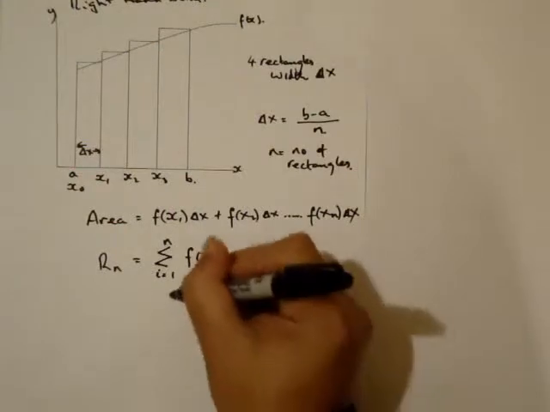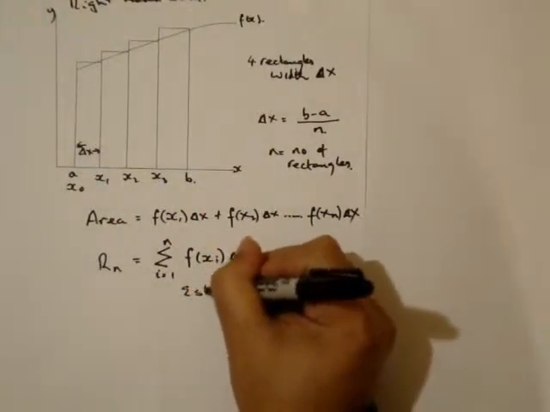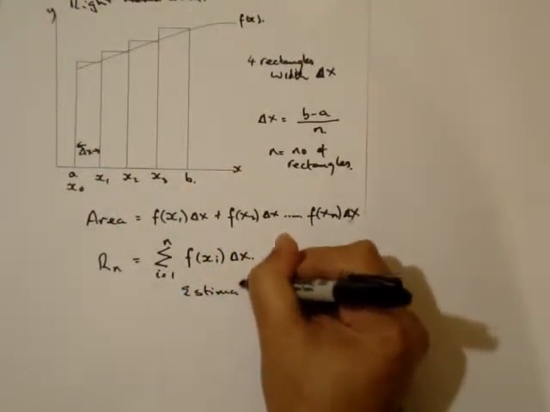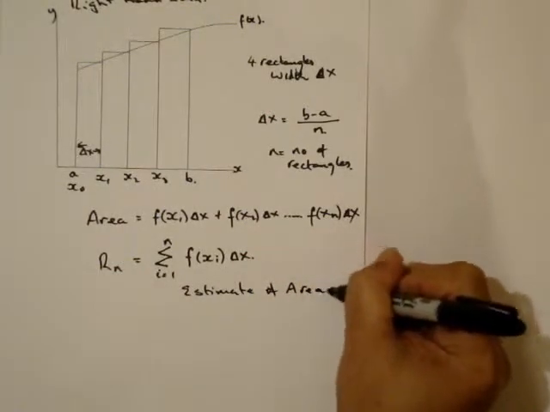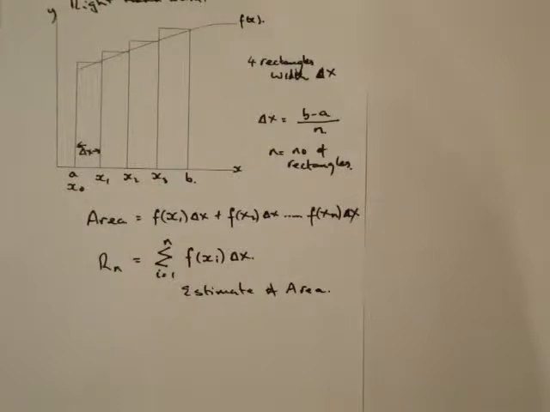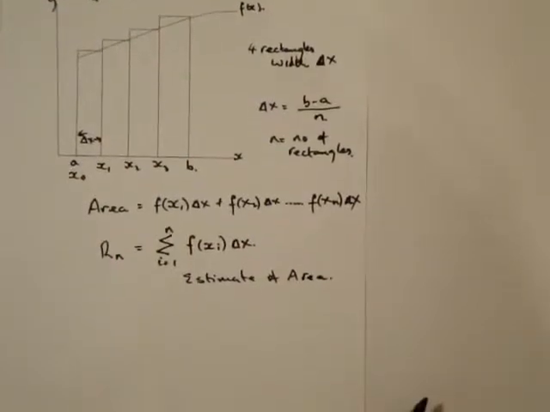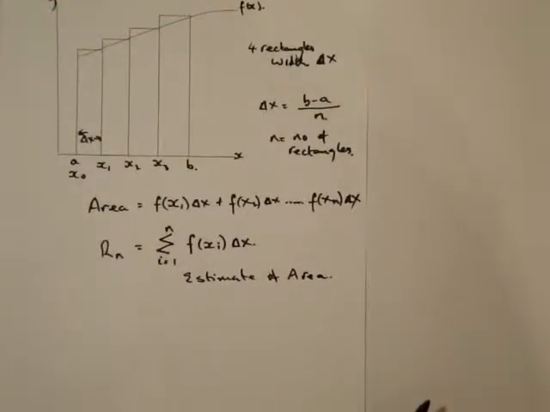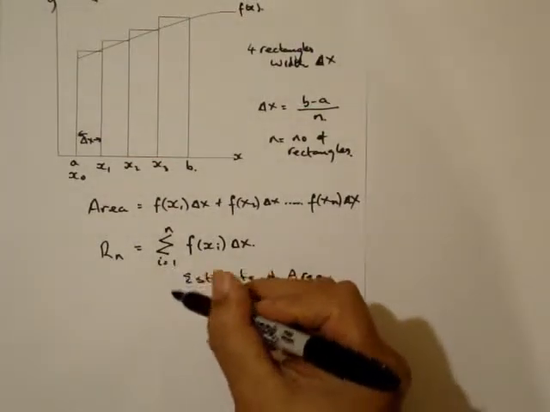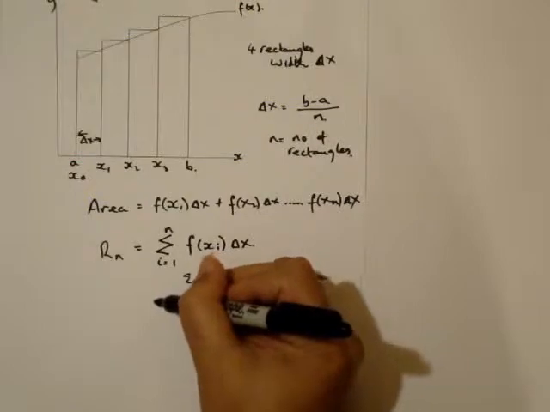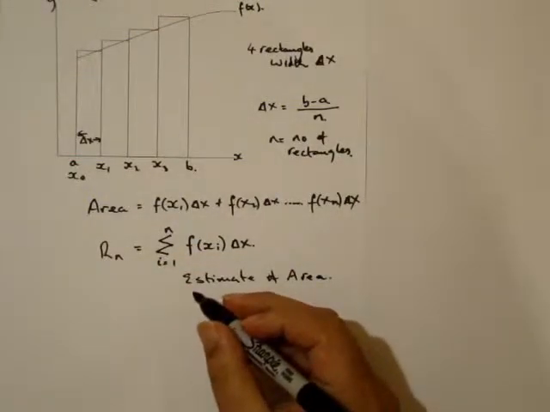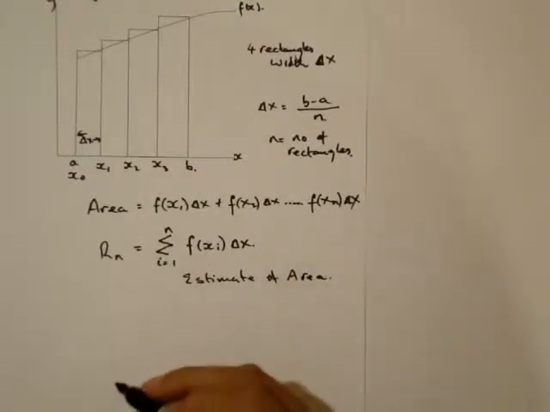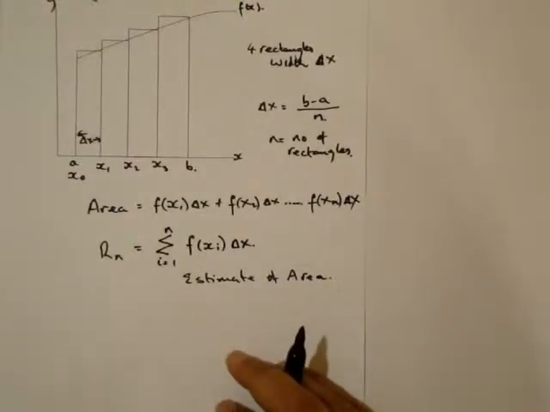And it gives an estimate of the area under the curve. If we want a more accurate area, what we have to do is increase the number of rectangles, and as n, the number of rectangles, tends to infinity, we get an accurate area.